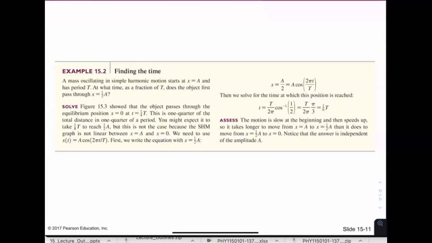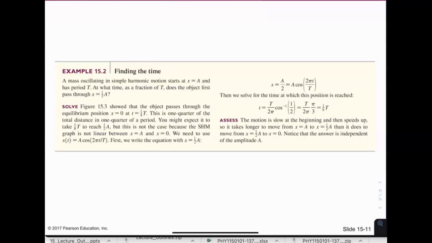That's A of the distance in 1/4 of a period. You might expect it to take 1/8 of the period to reach half of the amplitude, but this is not the case, because the simple harmonic motion graph is not linear between x equal A and x equals 0. So we have to use the function x equal to A cosine of 2 pi times the time over the period.